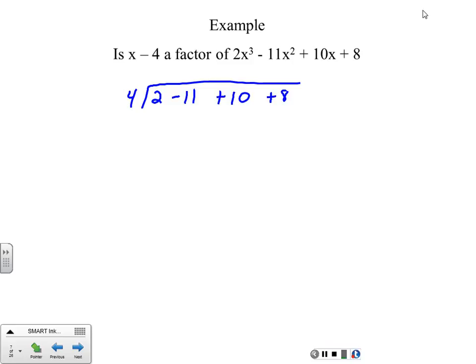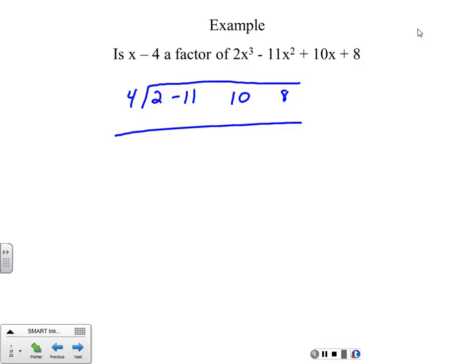And be careful. Don't just blindly write down coefficients. Make sure you're not missing exponents. I always check those exponents: 3, 2, 1, 0. Make sure you've got all those exponents.